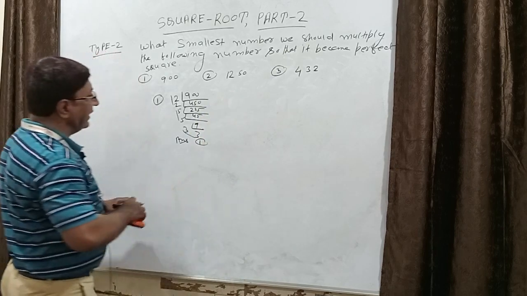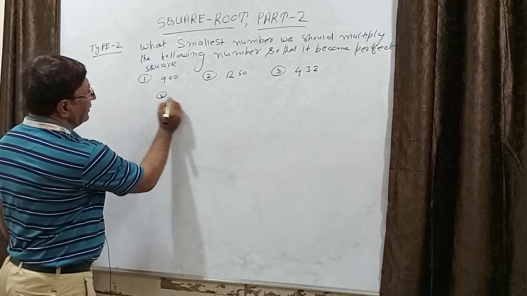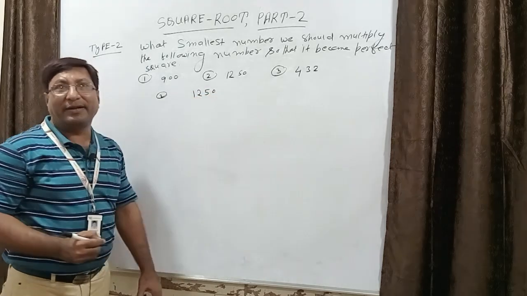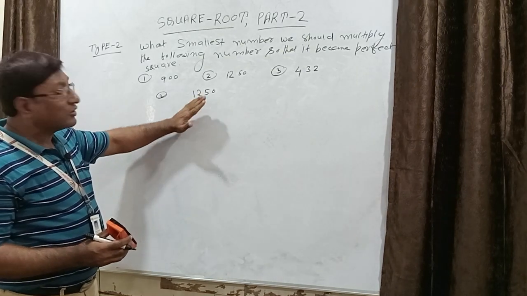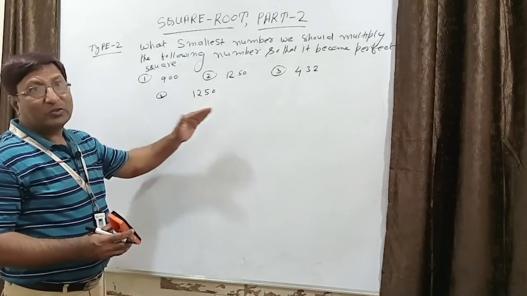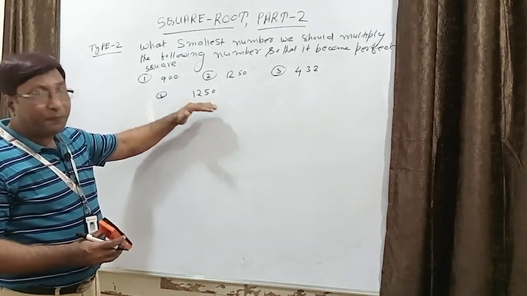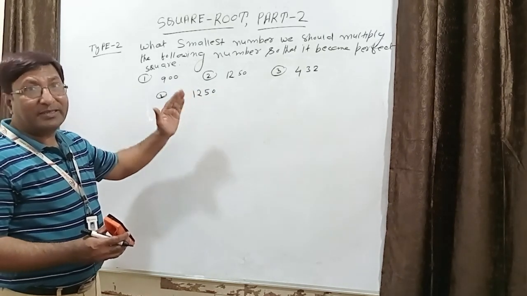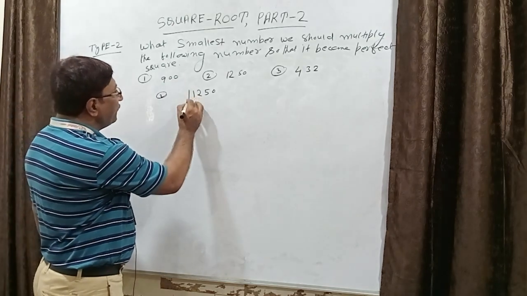Now see the second question. The second question is 1250. Now my question is: what is the smallest number we multiply this number by so that it becomes a perfect square. First make the factors and check how many numbers have a pair; the number which has no pair is our answer. So we are making factors.